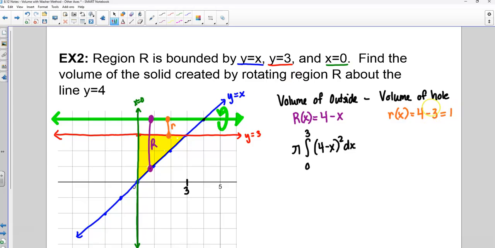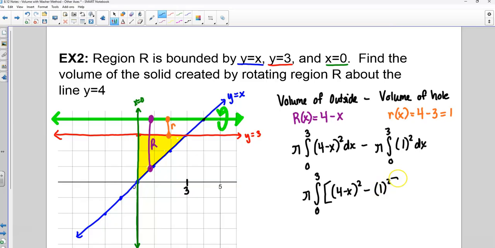Which, since those are just numbers, I'm going to make that 1. And so we get pi integral from 0 to 3 of 1 squared dx. Pretty good chance, multiple choice, puts them together. They will look like this: 4 minus x squared minus 1 squared dx.